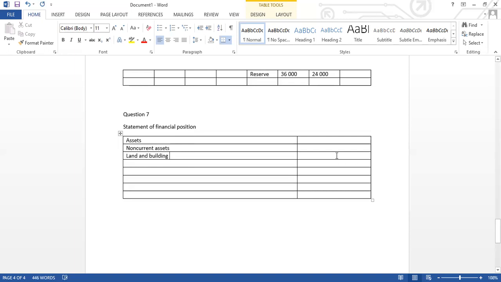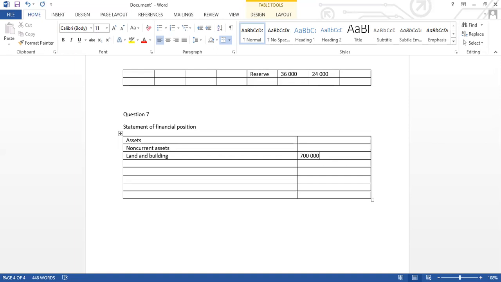Land and building was how much? Now, land and building, remember they were revalued. So you need to use the new values after revaluation. It is 700,000. That 700,000 is now the new value. The 130,000 is the increasing amount.